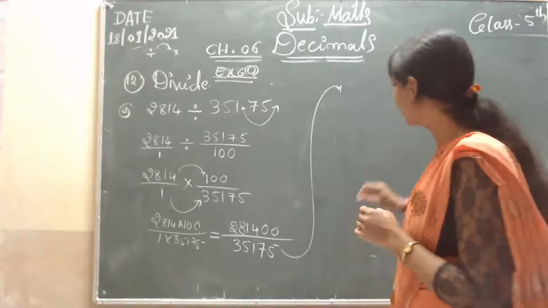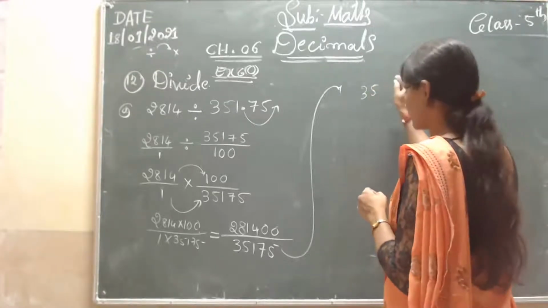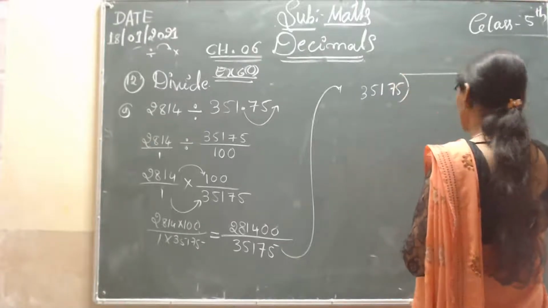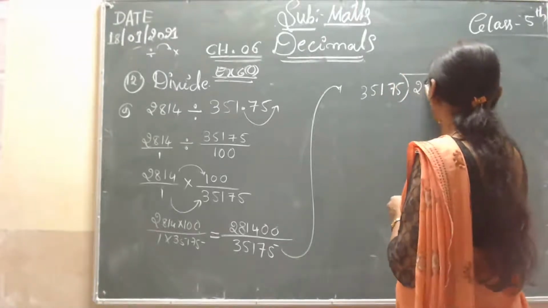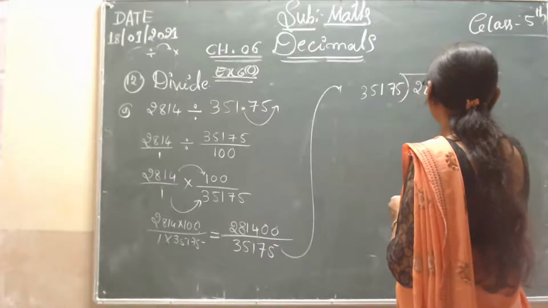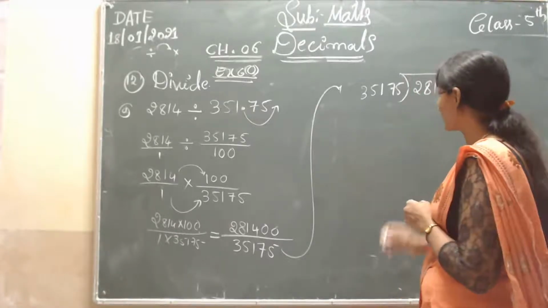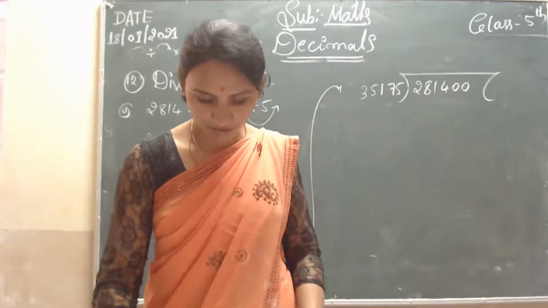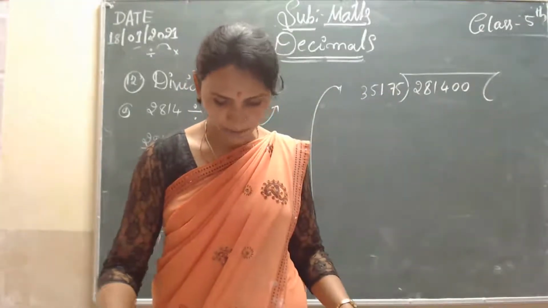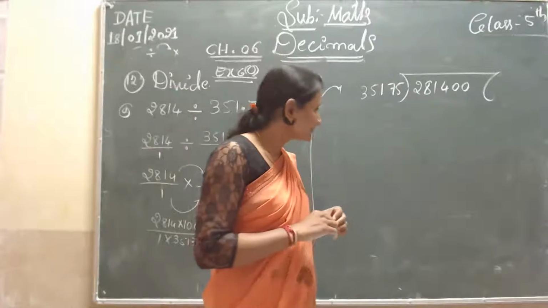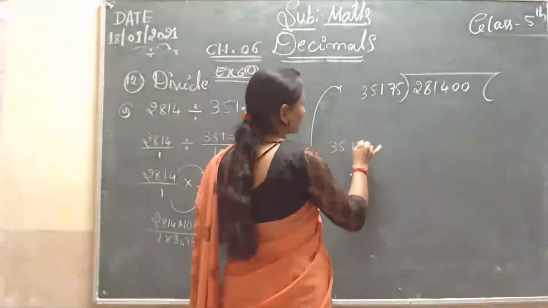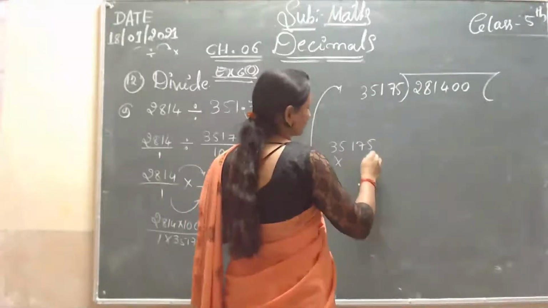Yes. So 35,175 then divide 2,81,400. Students, okay, you have to search for the nearest number.